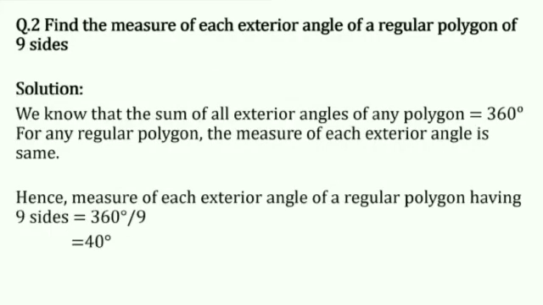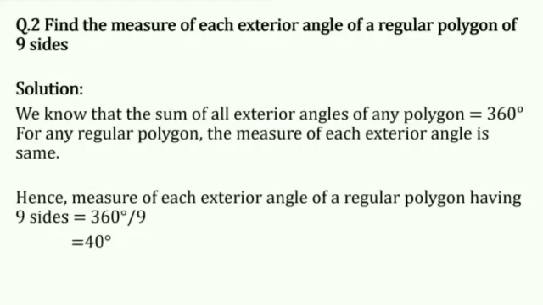Next, find the measure of each exterior angle of a regular polygon of 9 sides. Here we are not given any diagram, but it is given that it is a regular polygon and it has 9 sides. So let's see. Again we are going to use the sum of all exterior angles of any polygon is equal to 360 degrees. Now because it is regular polygon means all the sides will be of equal measure and all the interior angles will be of equal measure.